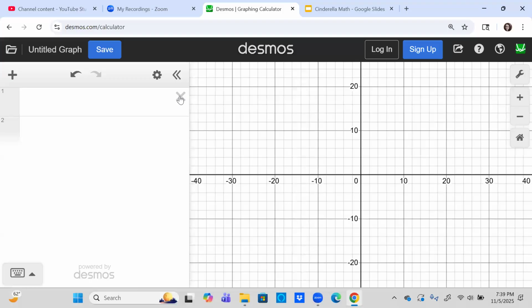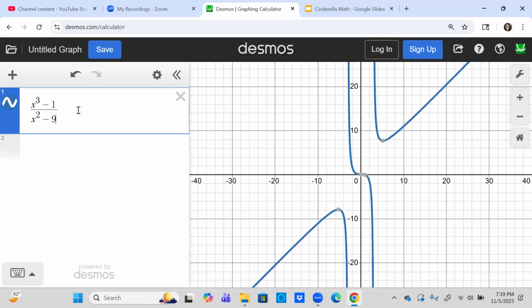Here is the next problem. Again, I'm going to graph it first. It's x cubed minus 1 over x squared minus 9. Ooh, definitely harder. You can just kind of see from that graph there that this one's a bit of a nightmare, but we got this.